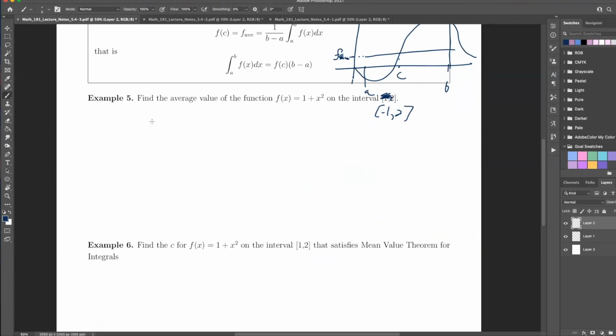So f average is equal to 1 over b minus a, integral from a to b of f of x dx. So we're going to just plug in those values. This is my b, this is my a. So it's going to be 1 over 2 minus negative 1, so plus 1, integral from -1 to 2 of 1 plus x squared dx.